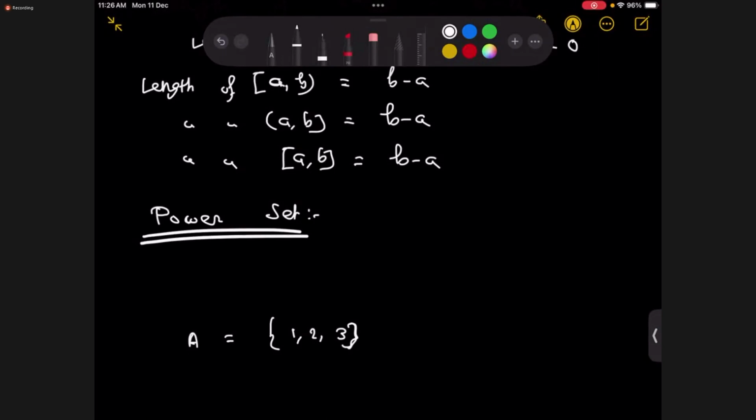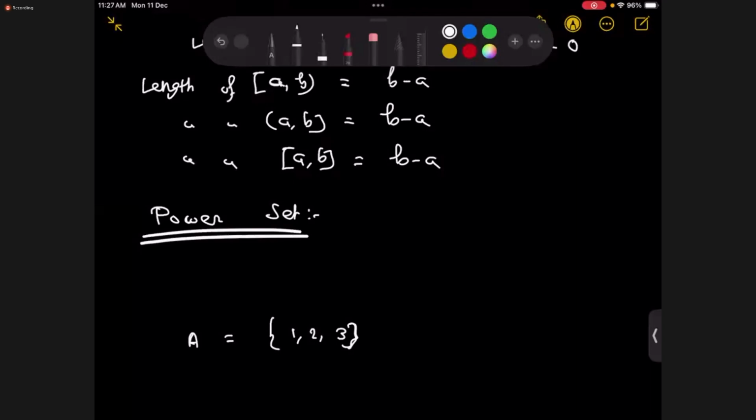But whenever we use round or square brackets, we are including the whole range, where the endpoint may or may not be included. In the case of curly brackets, we take particular elements a, b, c, or 1, 2, 3, and make them a set. So if A is a set, then this set contains three elements: 1, 2, and 3.